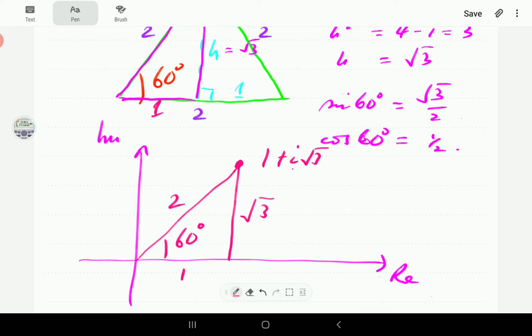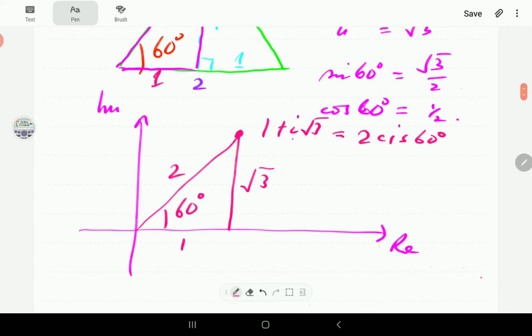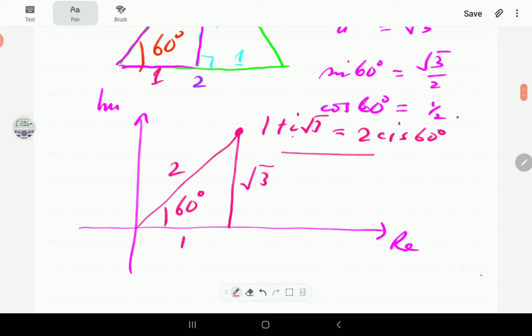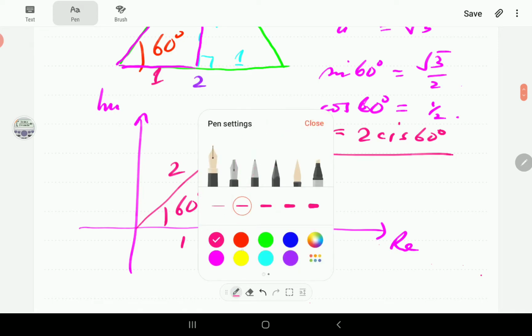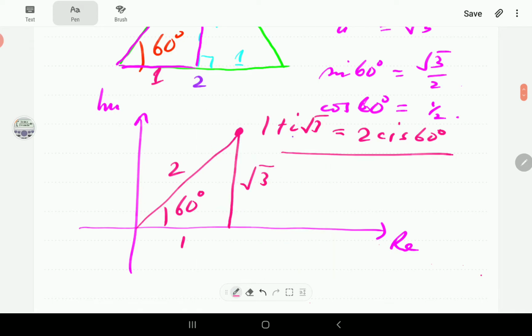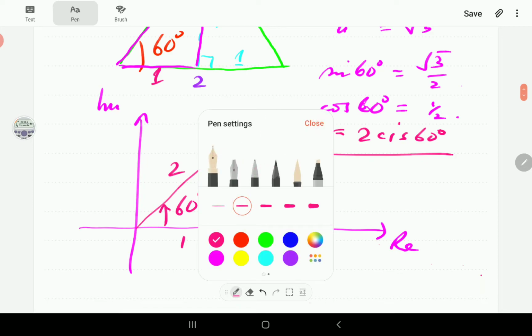However, because we know the argument and the radial distance, we can write this complex number in polar form. It's going to be 2 cis 60 degrees. Okay, so we're going to get back to these in a moment. Let's just talk about the angle. This angle here is 60 degrees if we stop at the terminal side immediately.